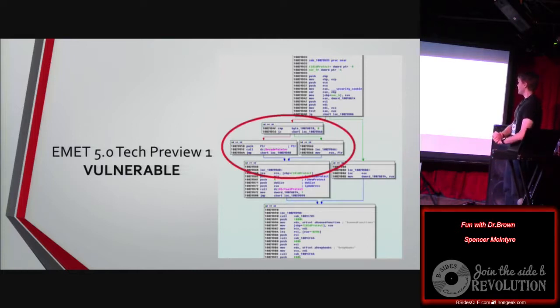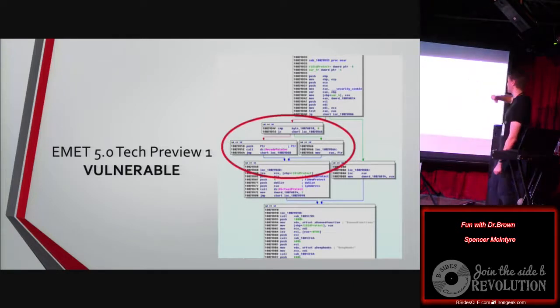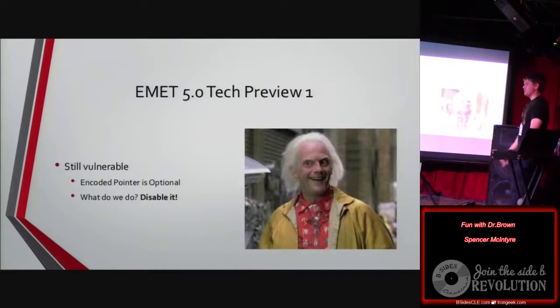So what's really nice about this decode pointer is that just above it, there is another pointer that can be checked against 0, and based on this value, you can determine whether or not that function gets called and where that is actually stored. So what do we do? We disable that too. In disabling that, we set it so that it is not calling decode pointer, so it is accepting the pointer as being the actual location.